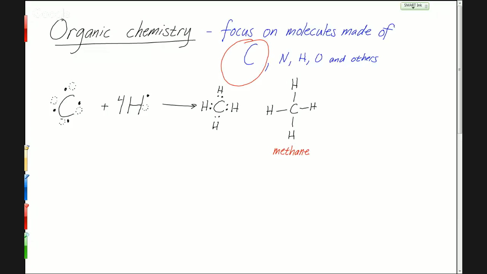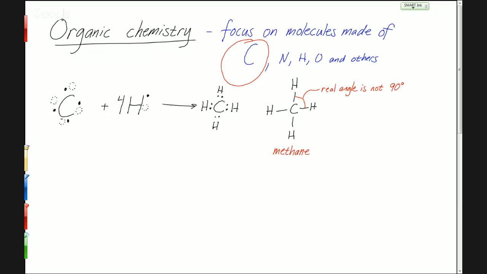So if we think of this angle right here, that looks like a 90-degree angle. But in a real methane molecule, it's not. So this is maybe not the best way to express this structure.